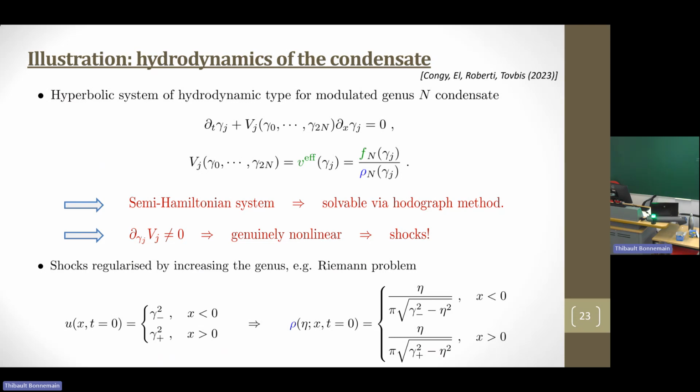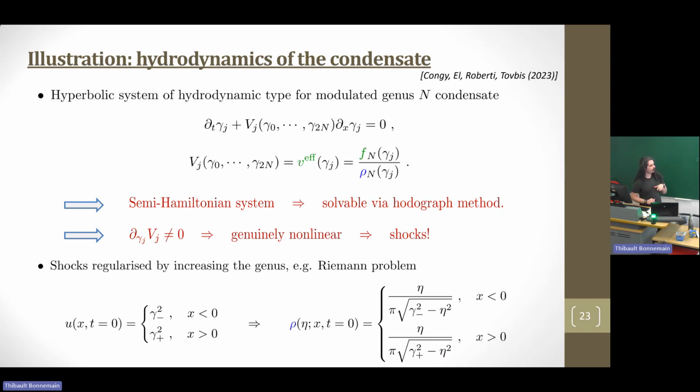So the functional dependence of rho on eta can change, but only in a very particular way. You go from density of states of genus 1 to genus 2, or genus 1 to genus 0, something like that. And that's something that we can clarify when we look at the Riemann problem.